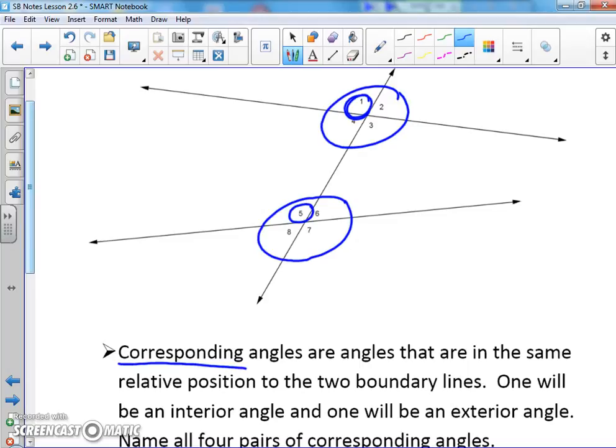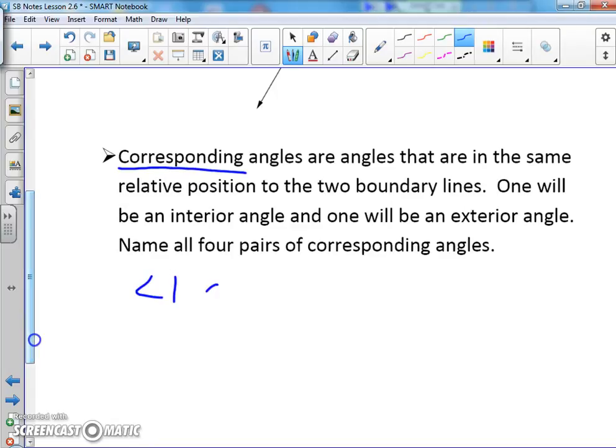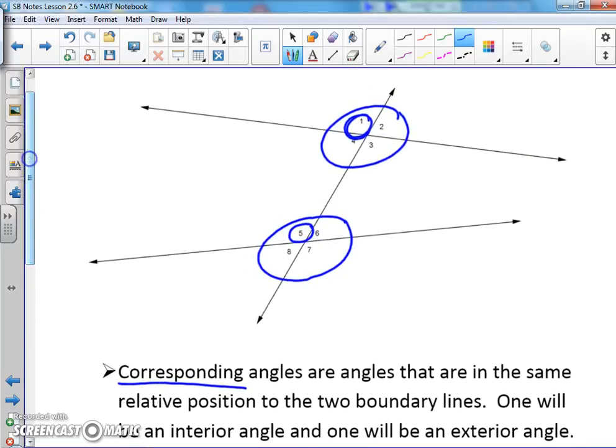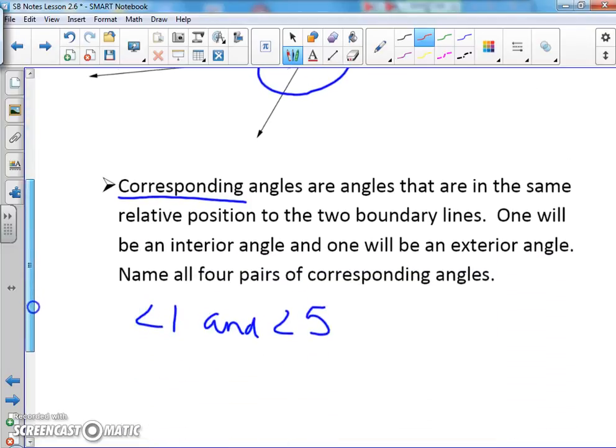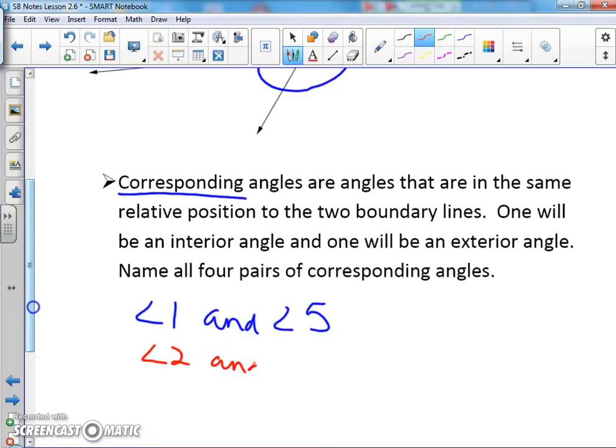Again, notice if you picked up the top cluster and set it on top of the bottom cluster, angles 1 and 5 would be paired up. So angle 1 and angle 5 would be a pair of corresponding angles. So let's find another pair of corresponding angles. Above the boundary line to the right of the transversal: angle 2 and angle 6 would be corresponding angles.